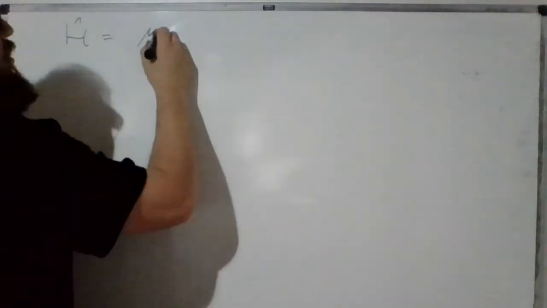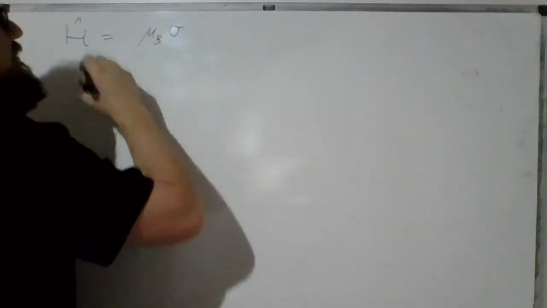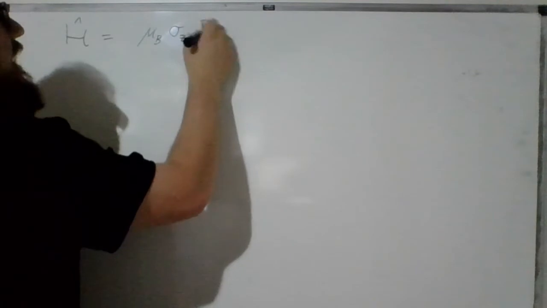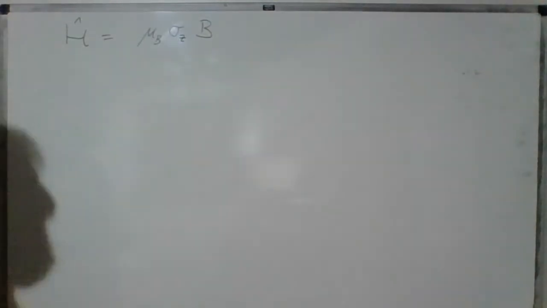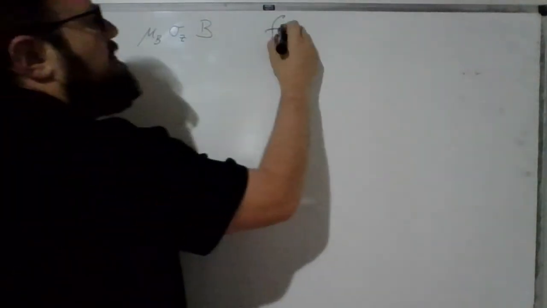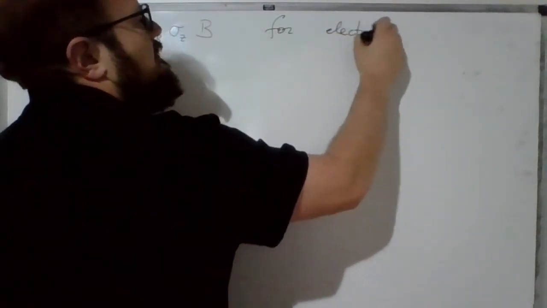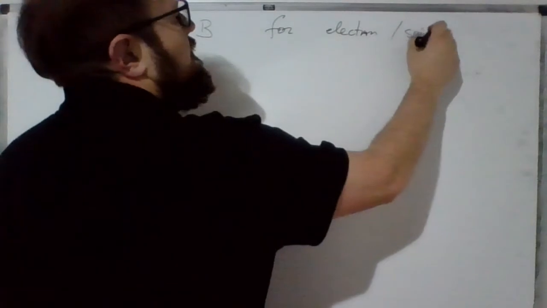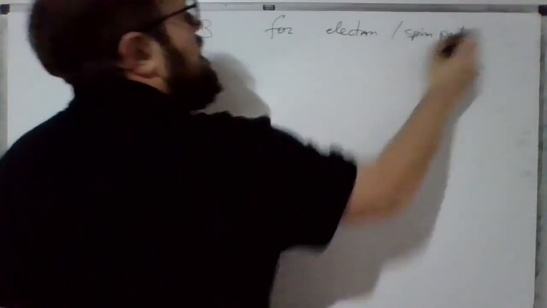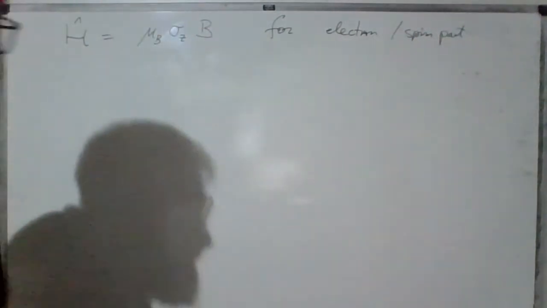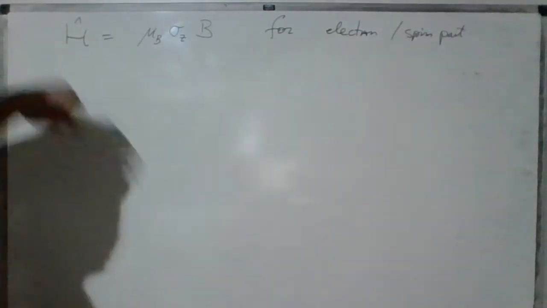Suppose you define the Hamiltonian the following way: Bohr magneton times sigma z times a magnetic field. This is for electrons, the spin part, or for spin half particles.